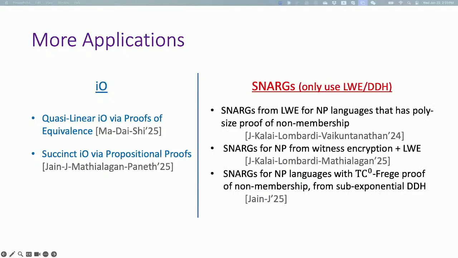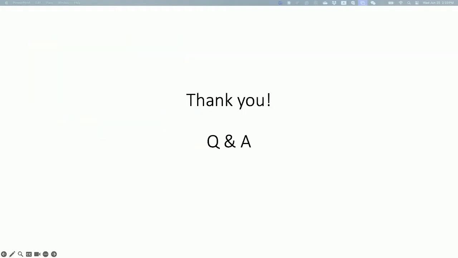In the next proof workshop, I will tell you more about how to leverage the same idea to build SNARKs from standard assumptions. The interesting part is that it doesn't need to use I/O. In those constructions, you only need to use learning with errors or DDH assumption to leverage the structure of proofs. Yeah, thank you.